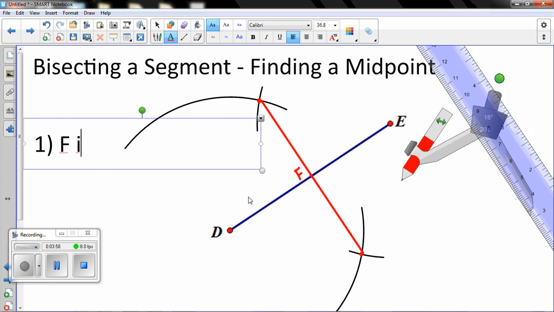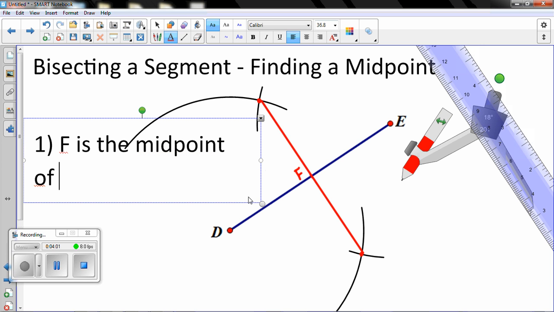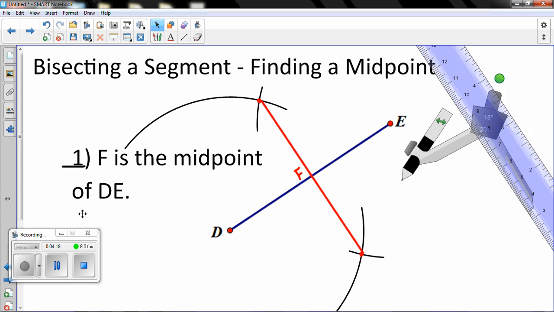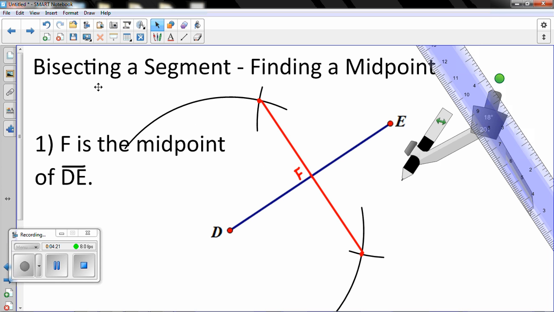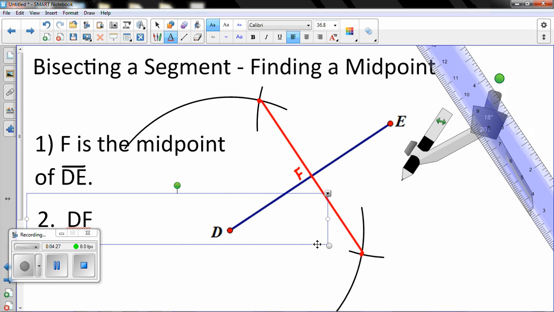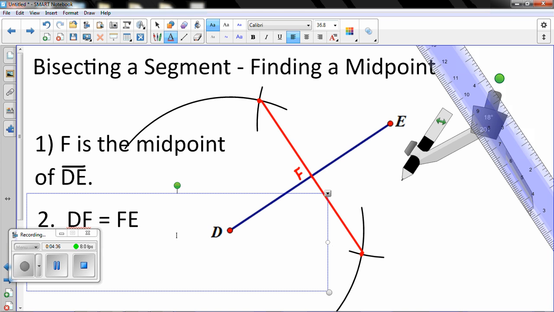You can word this several ways. You can say F is the midpoint of segment DE. If you do say that, then you need to be sure to put your segment mark above DE. I could say that the distance from D to F is equal to the distance from F to E. Or I could say that segment DF is congruent to segment FE.